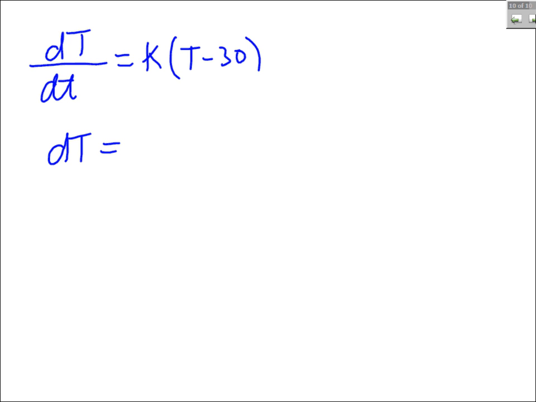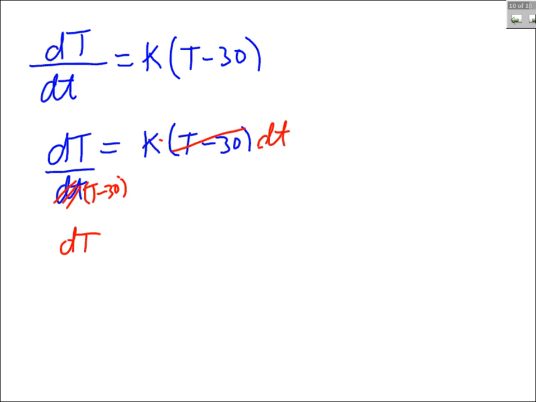Suppose you have that dT, capital T for temperature, and little t for time, is some constant times T minus 30. So we want to solve this. The first thing I would do is I'd bring the dT on top. T minus 30 is one factor, capital T, and I'll put that in the bottom.